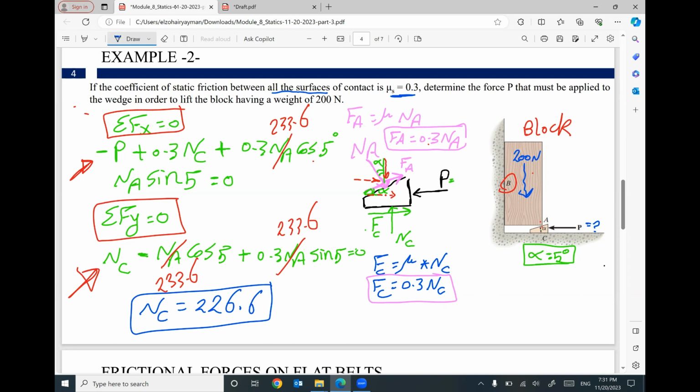If you go back to this equation and put the value of NC, 226.6, the only unknown here will be the force P. So the force will be 137.8. Let me check it one more time.